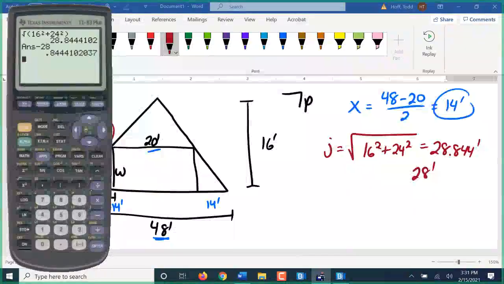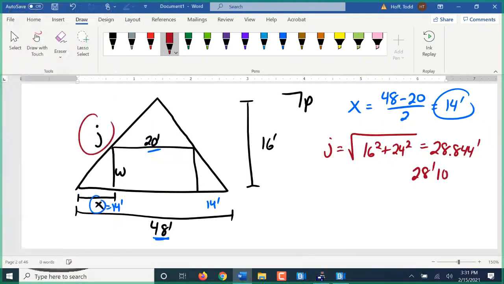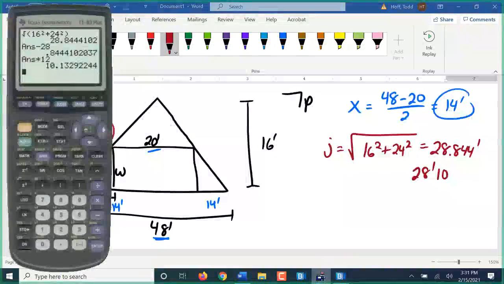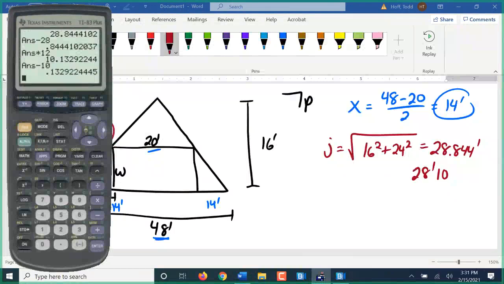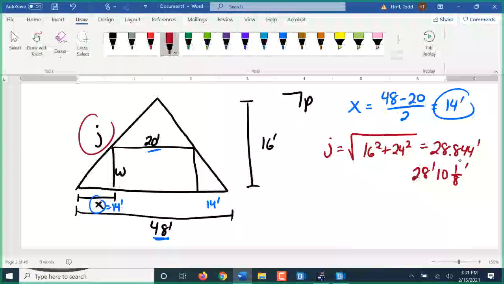And what? Times 12 is 10.13, so it's the 10 inches. And then times 16, 2.12 is going to be 2/16 or 1/8. 28 feet, 10 and 1/8 inches.